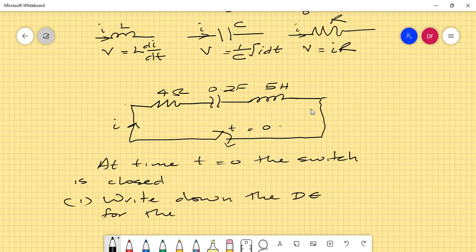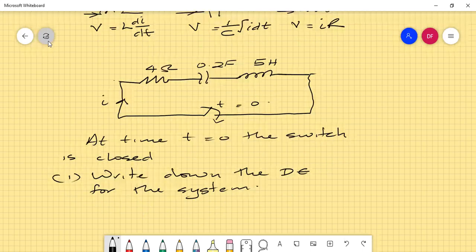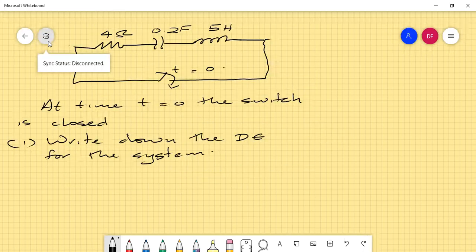All right, so the first thing, we have this problem here, and we are asked to write down the differential equation for the system when the switch is closed. So if we know Kirchhoff's law, then what can we say to write down Kirchhoff's?